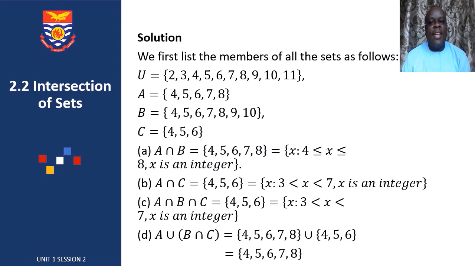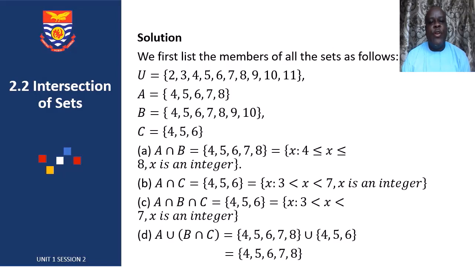Let's get to the last one, which is A union (B intersection C). We will repeat the set A as 4, 5, 6, 7, 8.